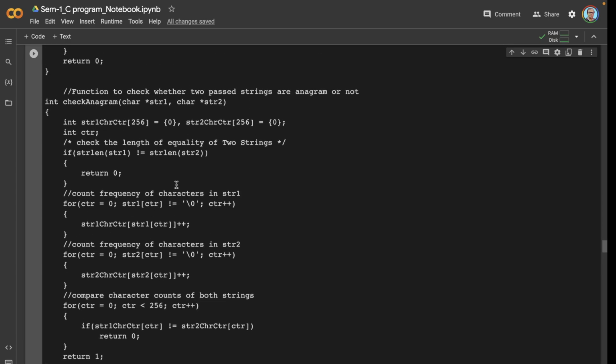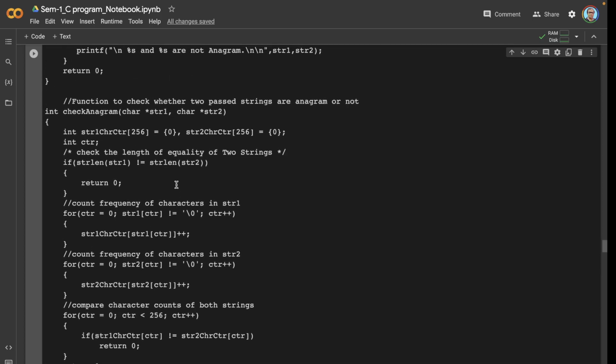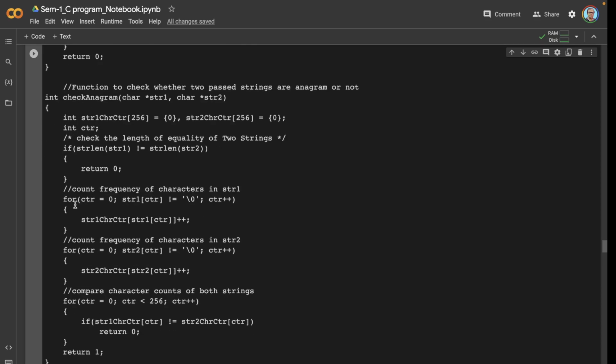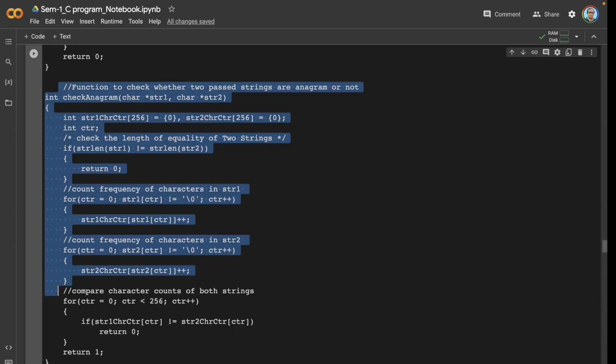So this is actually a very tough problem for the first semester. Actually, this compares strings using pointer variables, and this is the first program written. You can put this at the initial stage first.